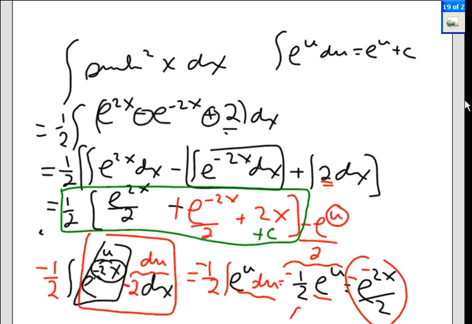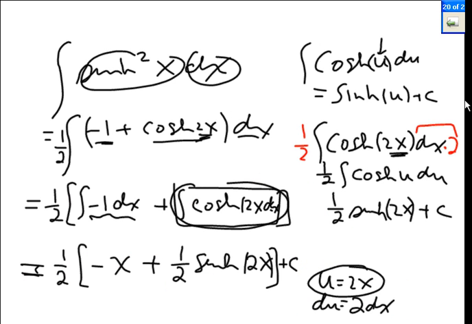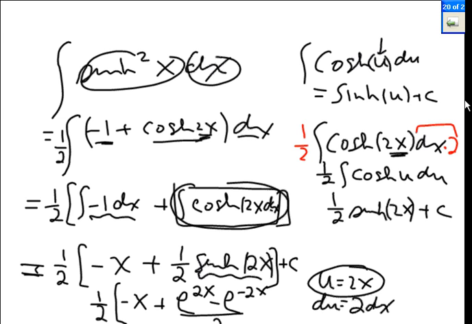Well, it's going to look different because in the problem before, I didn't have any hyperbolic functions. That is, I converted things like this to e to the 2x minus e to the minus 2x all over 2. So, to make it look like what I got before, it should be this.